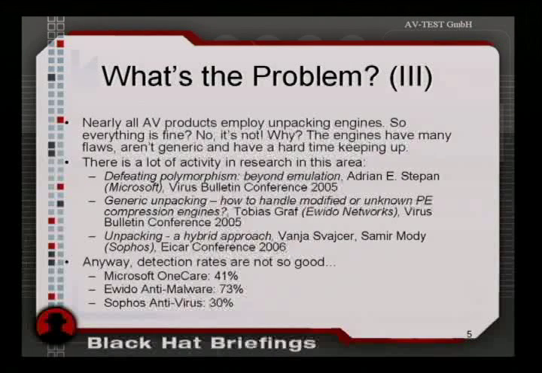But then again, it doesn't seem to work like that. So nothing is fine. Why is that? Okay, the engines have flaws, which we will present some more. Of course, they aren't generic, and when they aren't generic, they need dedicated unpackers, and with new packers coming out daily, they just can't keep up with them. This is one side of the problem.